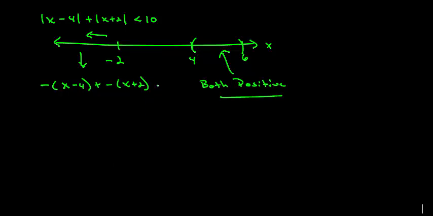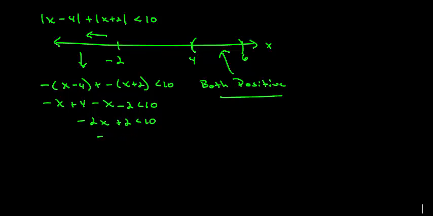of absolute value. Now we want those guys to be less than 10. So this would be negative x plus 4 minus x minus 2 is less than 10. So negative 2x plus 2 is less than 10.